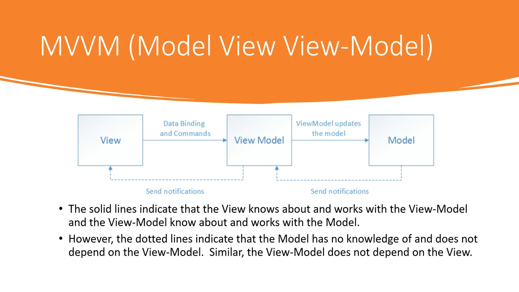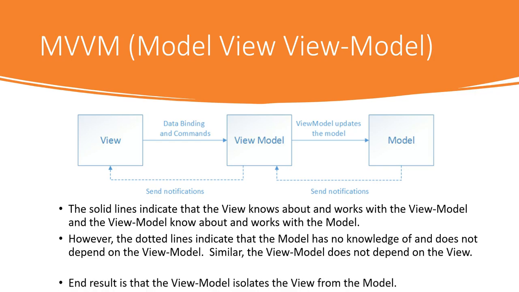In a similar way, the view model doesn't depend on the view. It knows very little about the view, in fact, nothing. It can send notifications, I should say, just as the dotted line indicates, but it is not dependent on the view in any way. So setting it up in this manner between these three different components gives us tremendous flexibility.